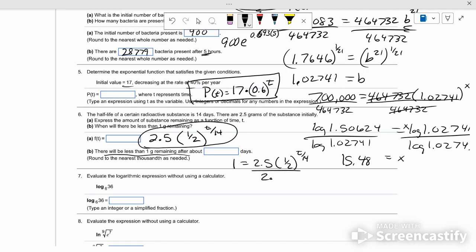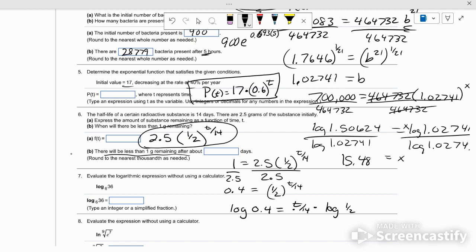Divide by 2.5. 1 divided by 2.5 is 0.4. Now you have a number on the right-hand side of the equation to a variable power. The only way to get that variable power down is to log each side. So we say the log of 0.4 equals t over 14 times the log of 1/2.